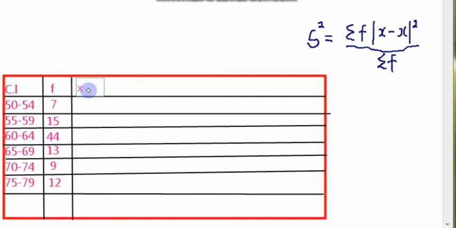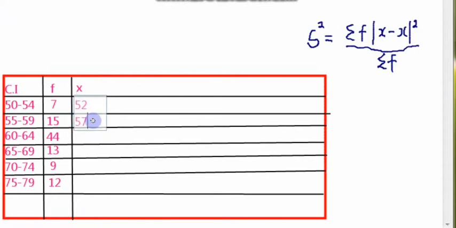Remember that S is always our midpoint, which is gotten from the class interval. That is, the addition of these two interval values divided by 2. When I say 50 plus 54 divided by 2, it will give me 52. On the next row, 55 plus 59 divided by 2 will give me 57.